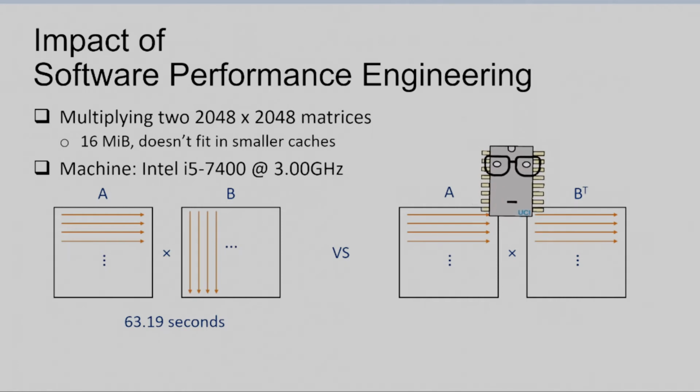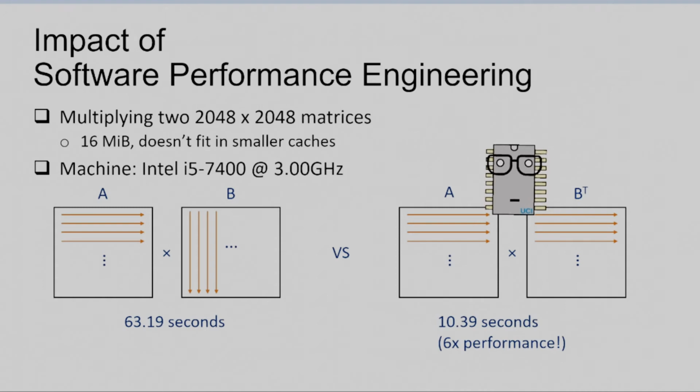We're going to use the same triple for loop, but instead of traversing A row-major and B column-major, we're going to transpose B first, just one sweep over B, so that matrix-matrix multiplication can be done by row-major traversal of both A and B transpose matrices. And just by doing this, the performance increases sixfold almost. It only takes about 10 seconds now.